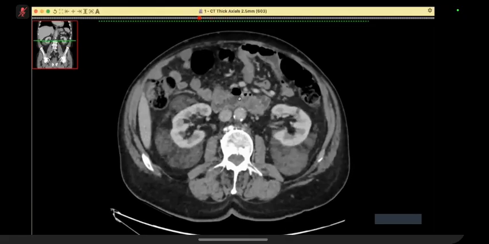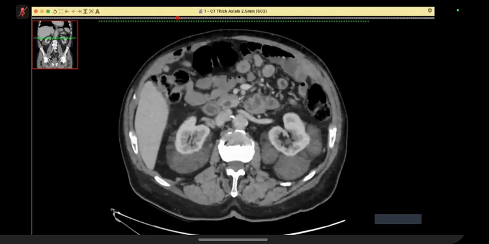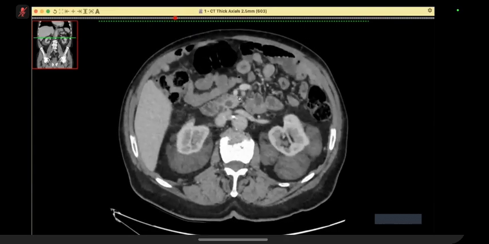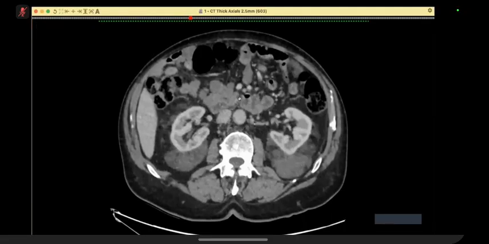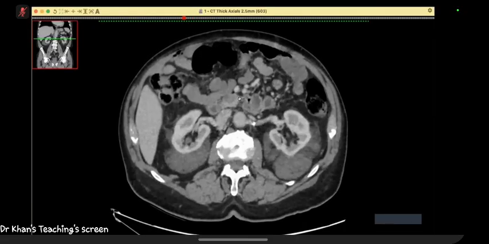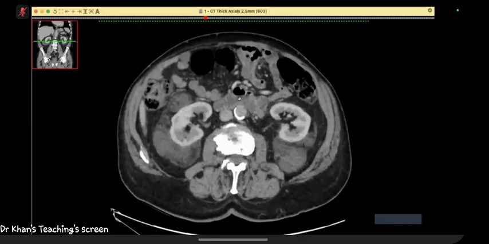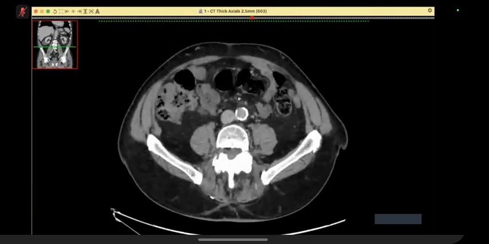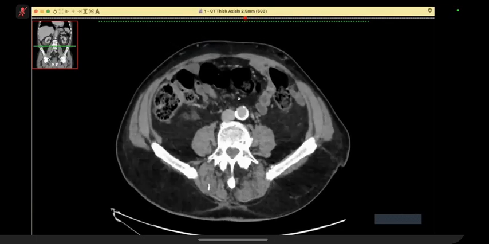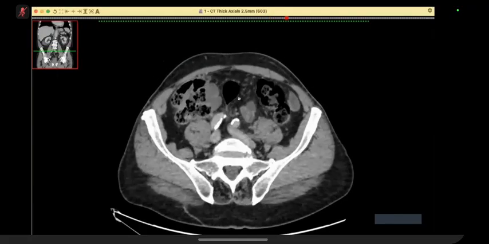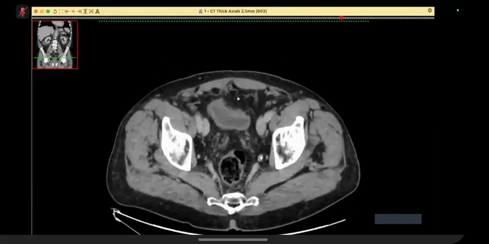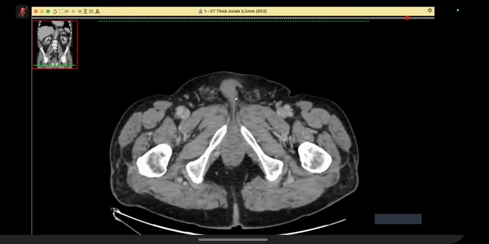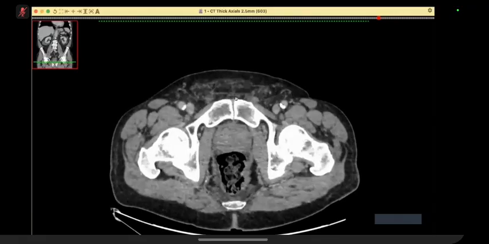I'm trying to trace the renal vessels. Renal vessels appear fine. I don't see any obvious filling defect or any aneurysmal dilatations. I'm trying to trace down the ureters for any filling defect or any lesion. I don't see any abnormality in the ureter. The urinary bladder appears collapsed, minimally distended.